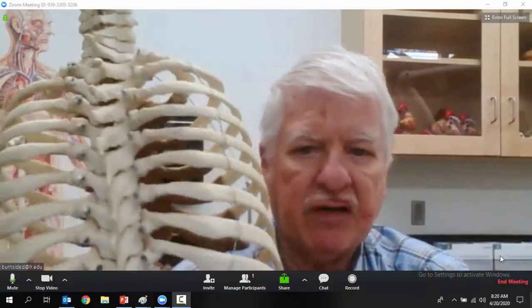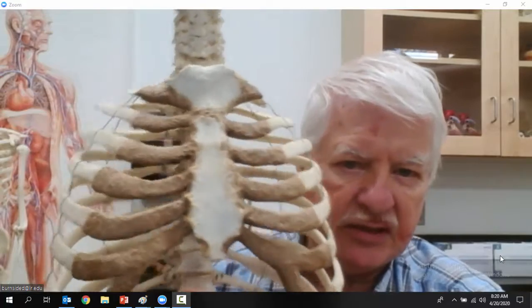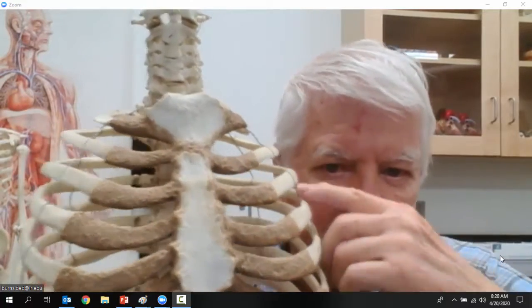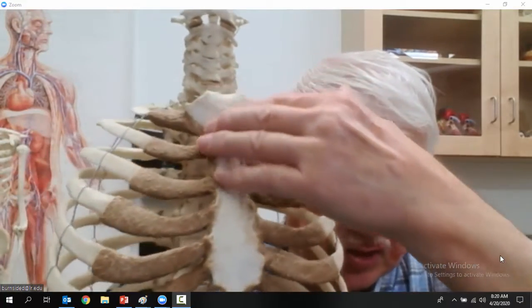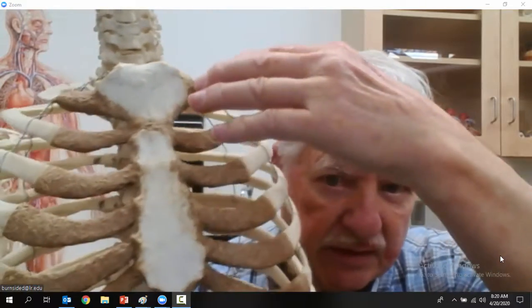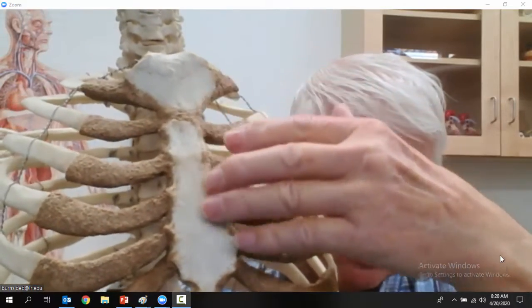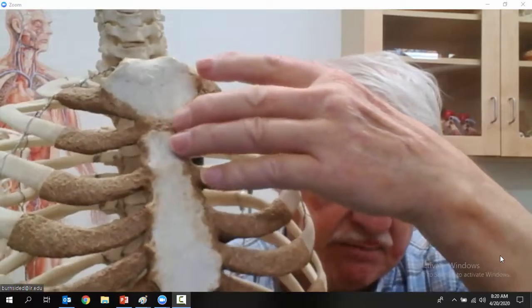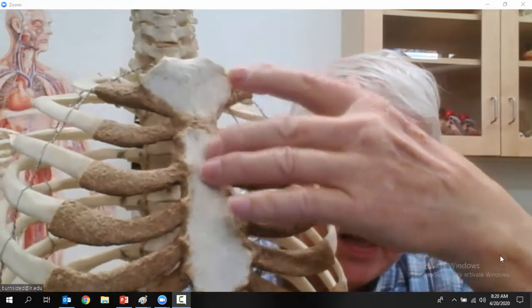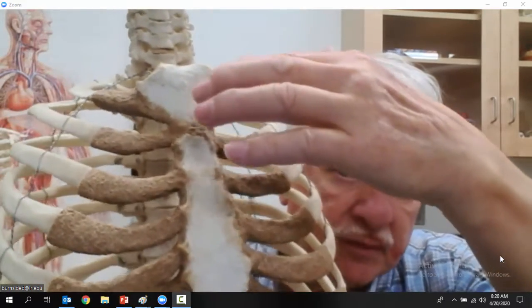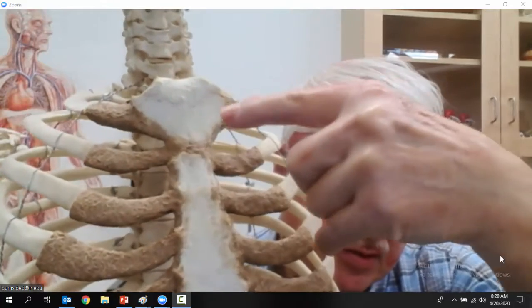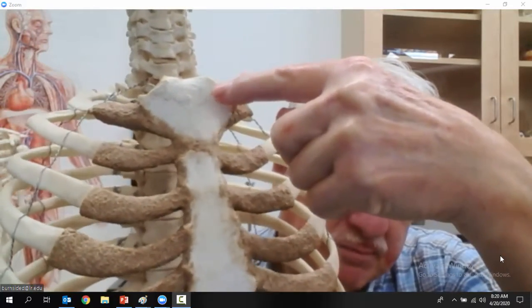Now, in the front, this is called your sternum, or a common name is the breastbone. The main part is called the body of the sternum. The top part of it is called the manubrium.